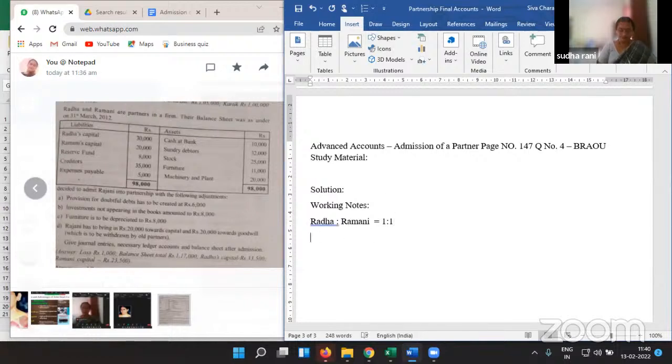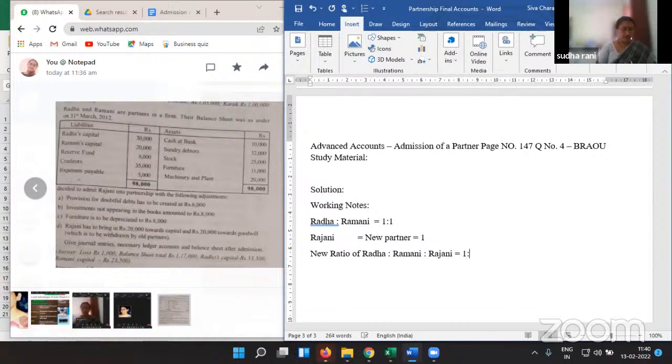And they admitted Rajni, the new partner. Her share is also not given, so her share is also 1. The new ratio of Radha, Ramani, and Rajni: if nothing is given, they share equally. Under the provisions of the Partnership Act, when the profit sharing ratio is not given, partners share equally.